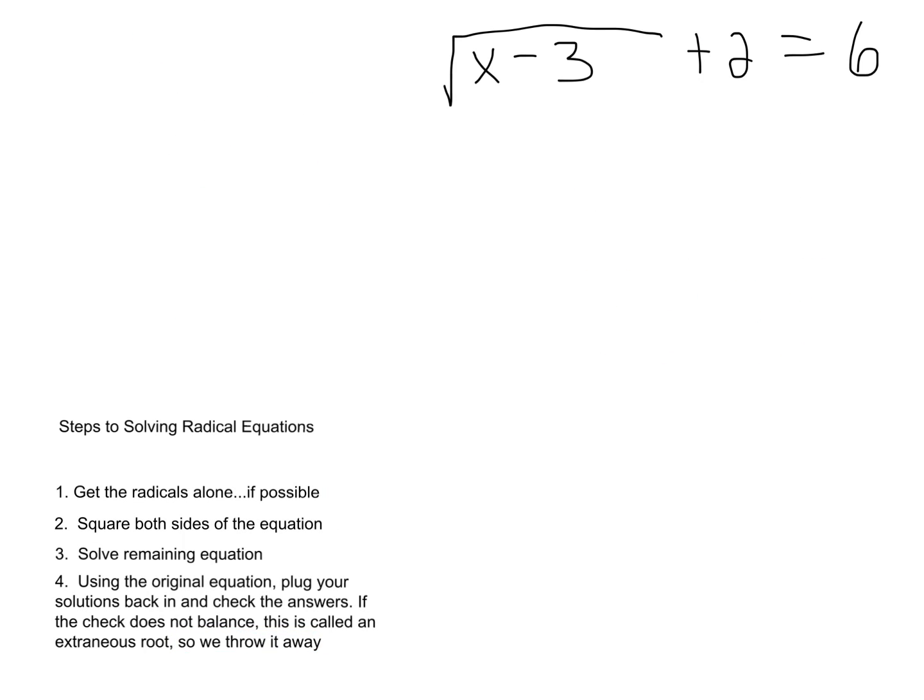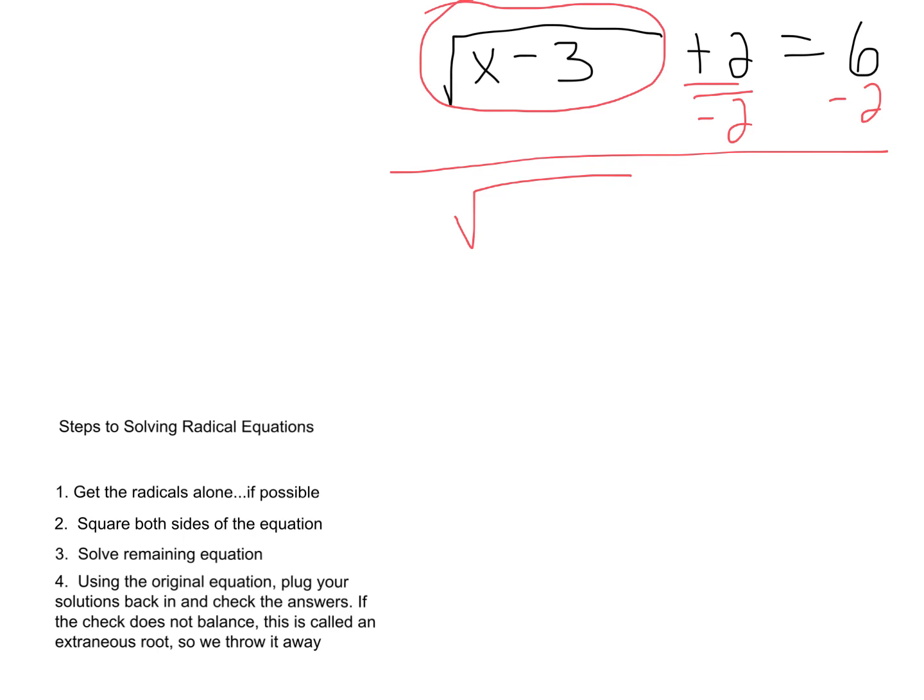Alright, let's get another one. Let's take a look at this problem right here. The first thing we've got to do is get the radical alone. But the problem is, my radical isn't alone. I have this plus 2 lying around, so we've got to get rid of that first. So it's minus 2. So radical x minus 3 is equal to 4.